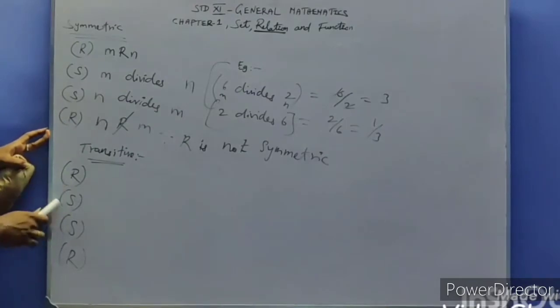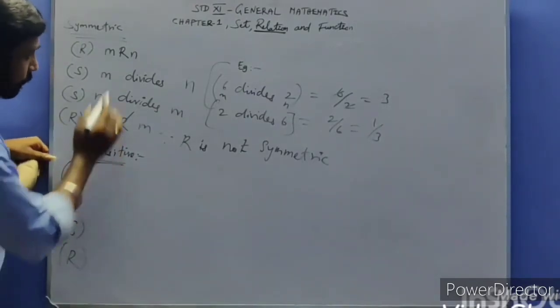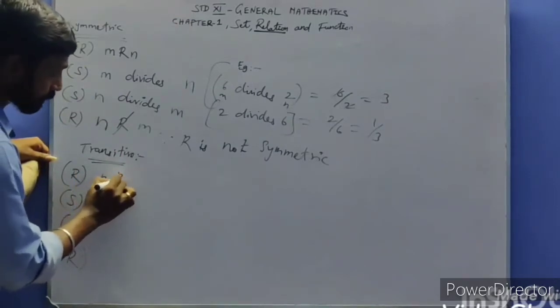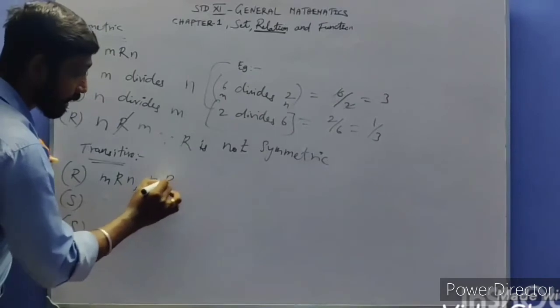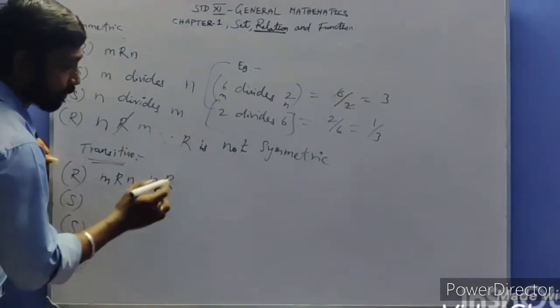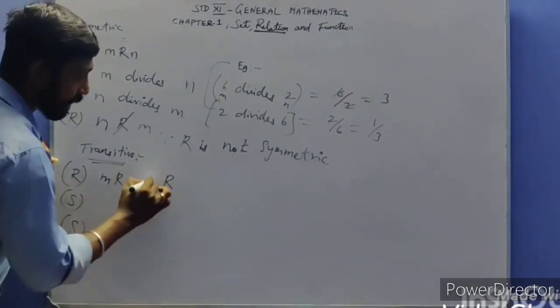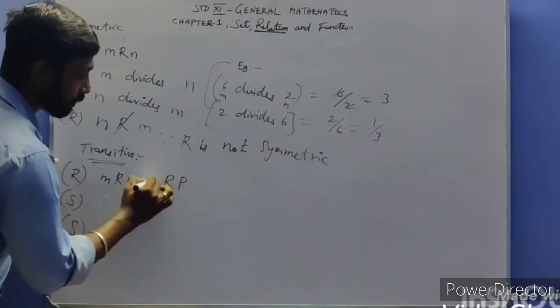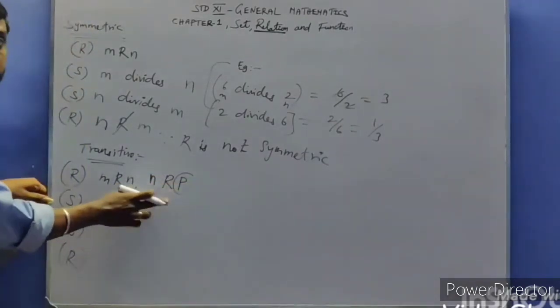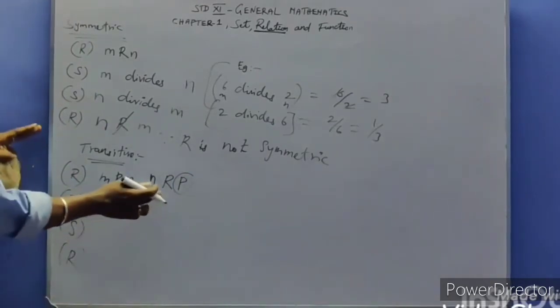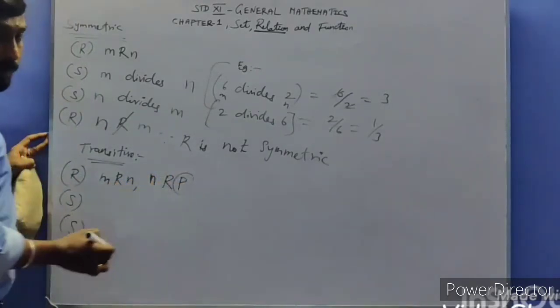What is the relation they are giving here? M related to n, n related to something. If you want, n related to p. The third person is p.